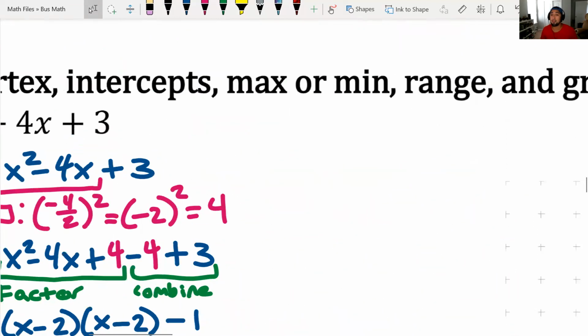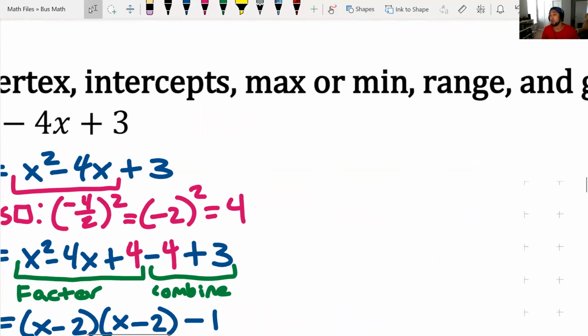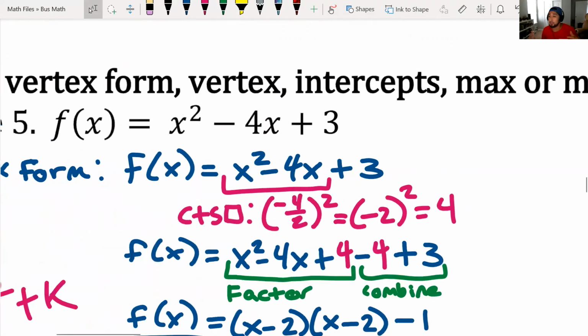Next it says find a max or min. Well, you can do this by graphing. I mean, we're going to graph it anyways, but you can also do this just by looking at the function. So look at the leading coefficient. Remember that our leading coefficient is 1. Is 1 positive or negative? 1 is positive.